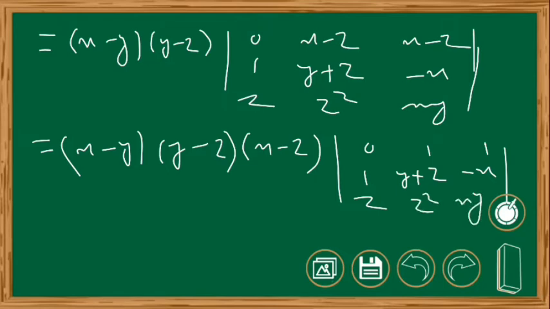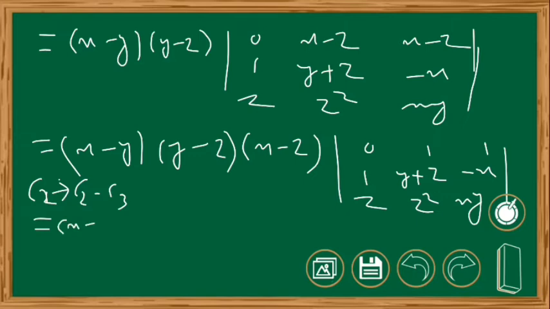Now I have to apply some technique here. I suggest you make another 0 by column operations, column 2 replaced by column 2 minus column 3. Let me see what I am getting.